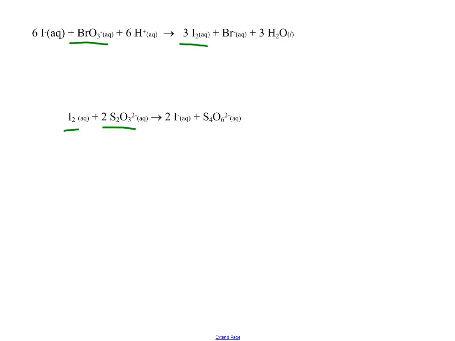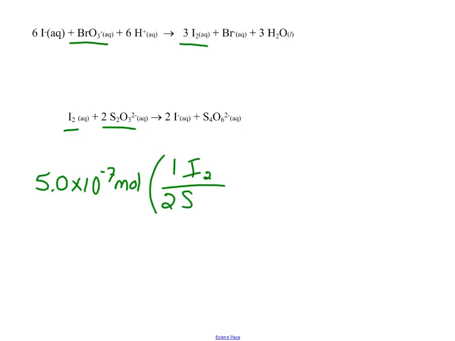So I'm going to take the moles of thiosulfate that I found previously. So I have 5.0 times 10 to the negative 7 moles. And I want to get to iodine, and then from iodine to bromate. So my mole ratio, what I want on top, 1 mole of iodine, 2 moles of thiosulfate.